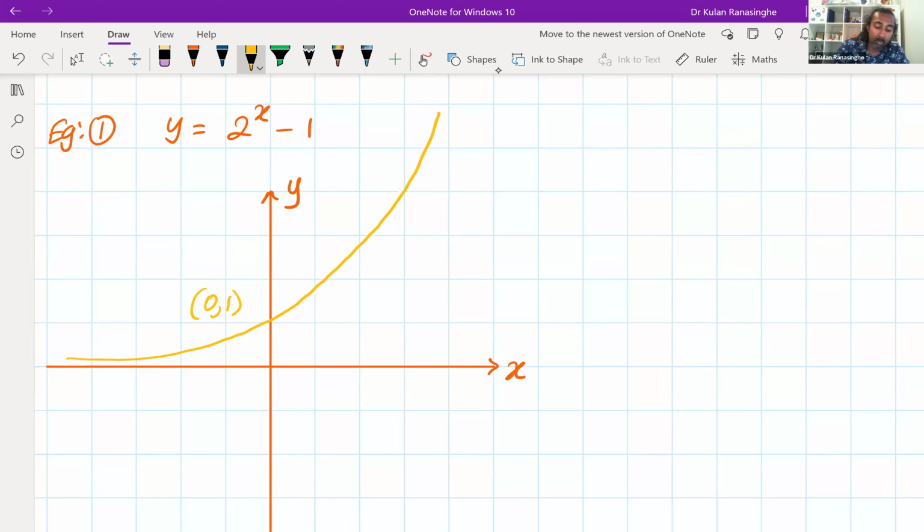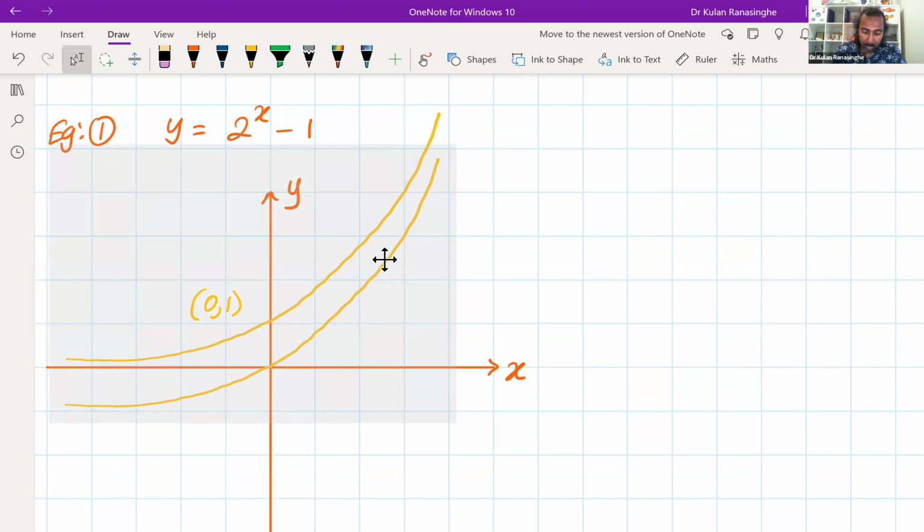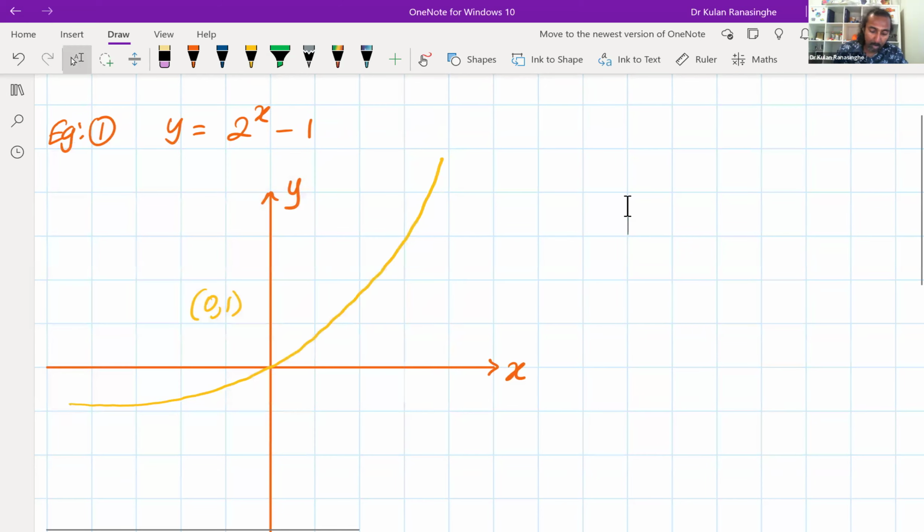All we have to do now is translate this one unit in the negative direction of the y-axis, pushing it down, which means I can simply grab it and then push it down. If I did it, you would notice the graph will go through a special point, which is the origin. So that is the beauty of this graph that goes through the origin.